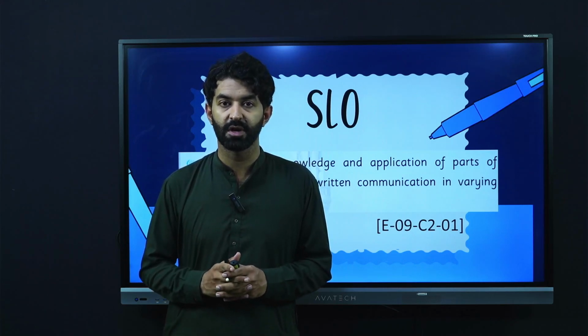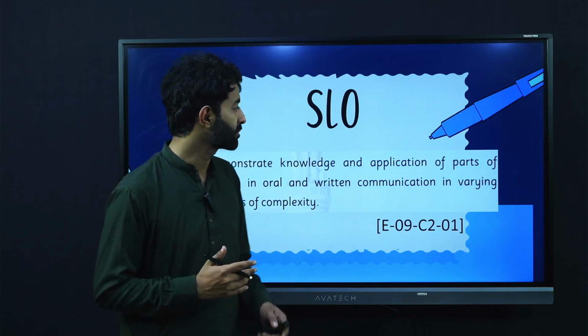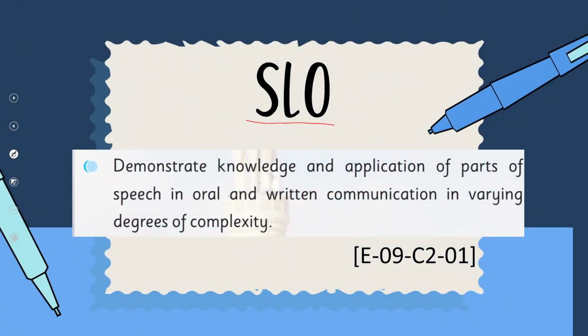Let's read our students' learning outcome. And this is the competency of grammar. Our students' learning outcome is to demonstrate knowledge and application of parts of speech in oral and written communication in varying degrees of complexity.